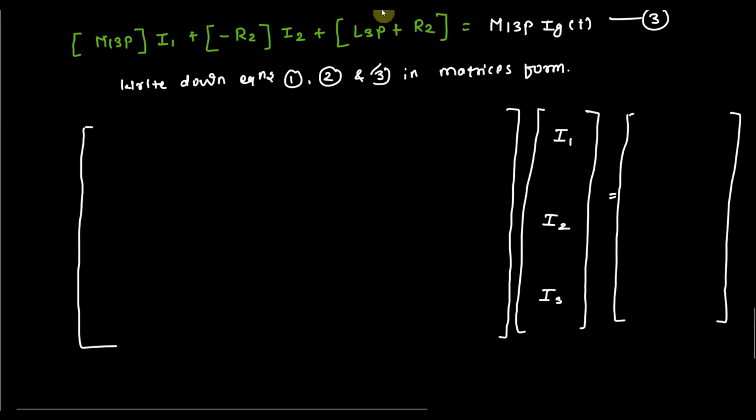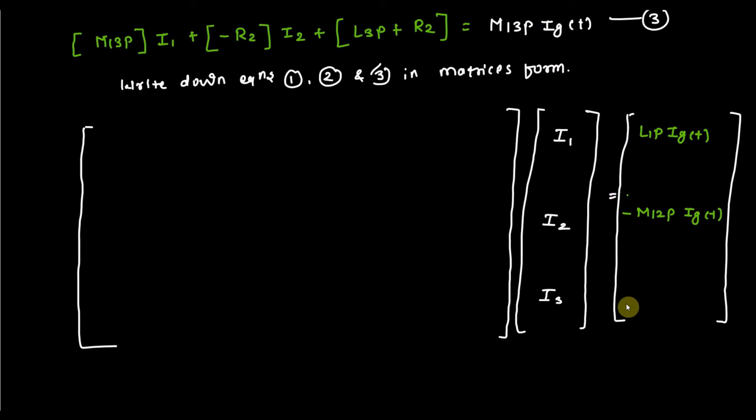So in the first, it is L1P IGT of t. In the second term, it is minus M12P IGT of t. And in the third term, we already saw here M13P IGT of t. Right. So in that way we have written.